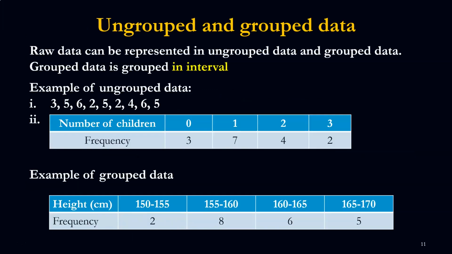Okay. Next, when you have discrete and continuous data, you will also have group and ungroup data. Data yang terkumpul dan juga data yang tidak terkumpul. Ungroup meaning tidak terkumpul and group is data terkumpul. So raw data can be represented in ungroup data and also group data.